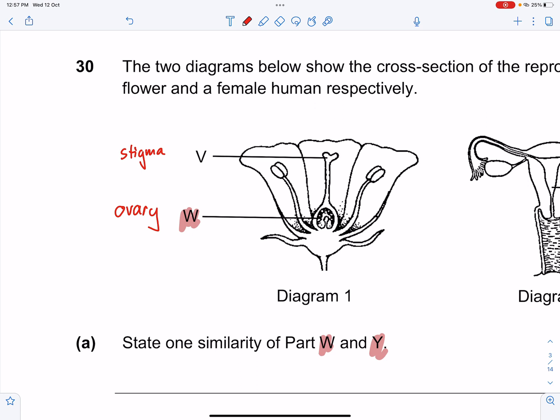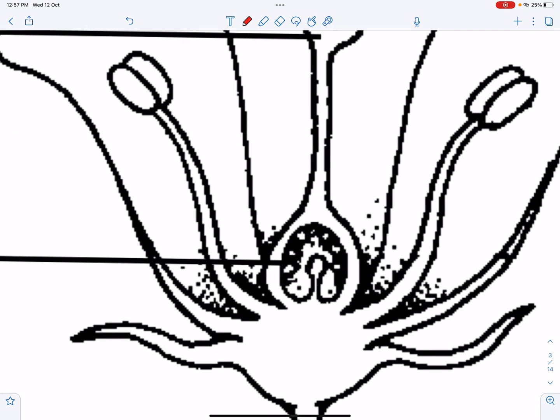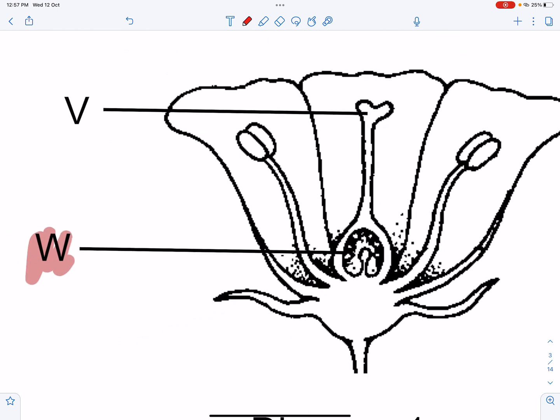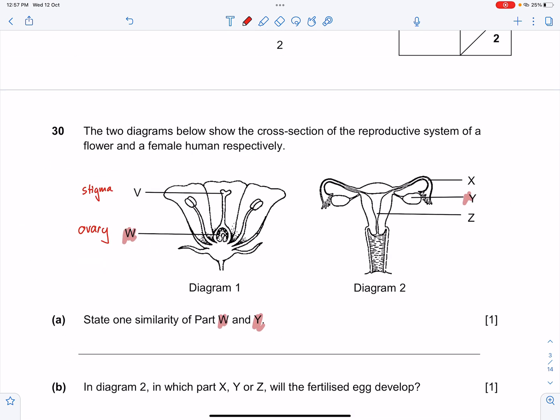If they wanted you to talk about the ovule, they would have zoomed in and clearly pointed the line towards a single ovule. But because they did a zoom out and pointed to this structure over here, it tells you that they are talking about the ovary as a whole. Okay, sometimes you need to use your common sense.